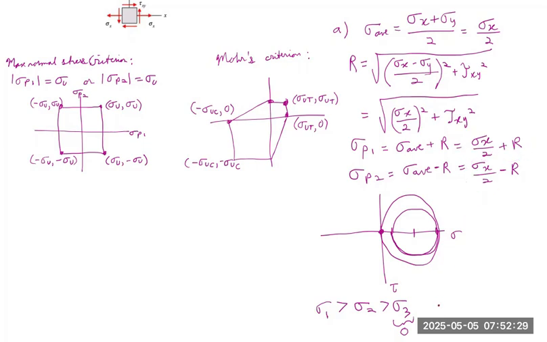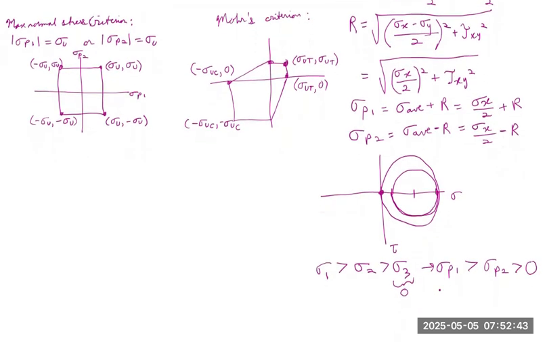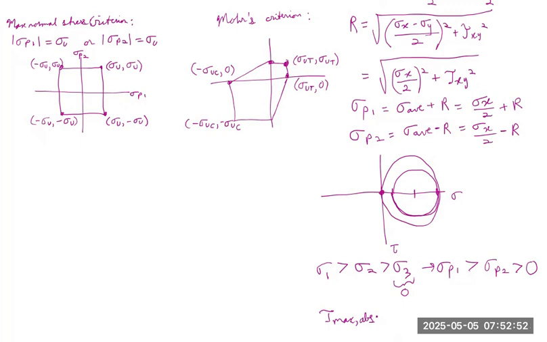So principal stress 1 is going to be our sigma 1 because it's greater than principal stress 2, which is greater than 0. And thus our absolute maximum shear stress, which is always given by the largest stress minus the smallest stress over 2, is going to be principal stress 1 minus 0 over 2, which is equal to principal stress 1 over 2.